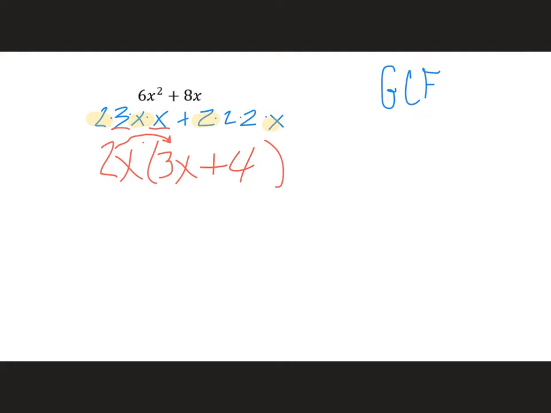So we would say the factored form of this would be 2x times 3x plus 4. This is the factored form of 6x squared plus 8x, because it's a binomial and a monomial that multiply back to get the original format.